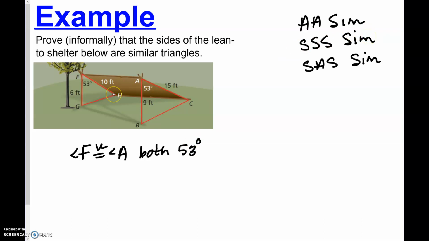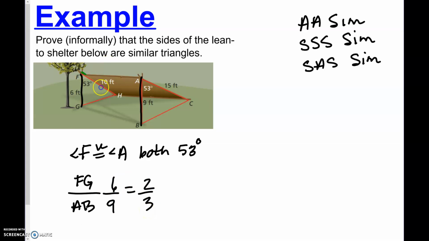So now we have FG. What does FG compare to? AB. That's in the ratio of 6 to 9. If we divide by 3, we get 2/3. Now we have to check that other side ratio. Over here we've got FH, and how does that compare to its corresponding side AC?